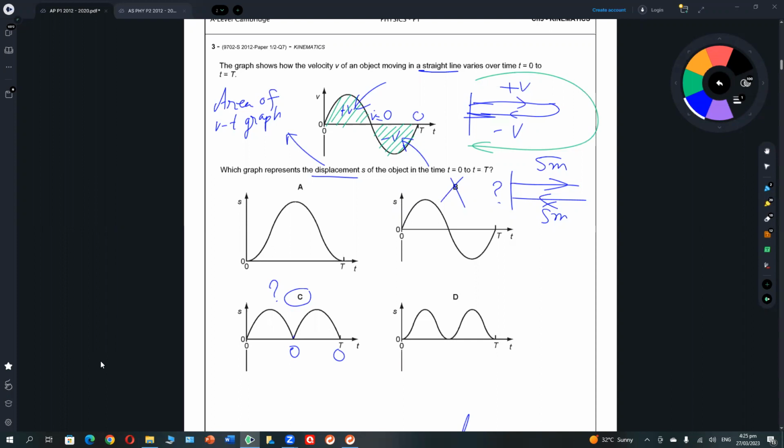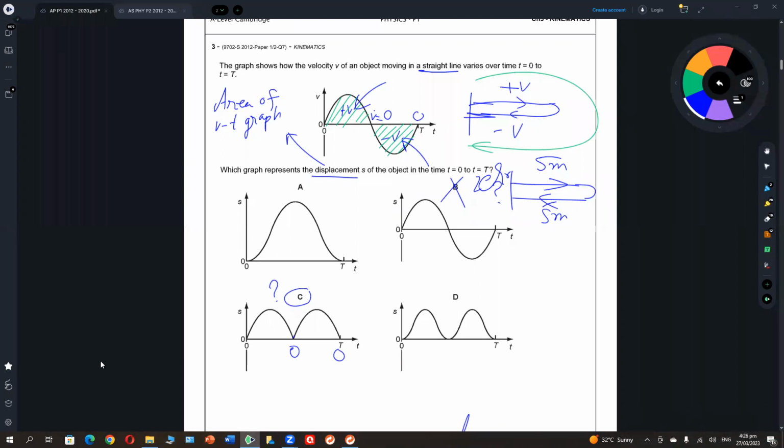It will be 0. Yes, you got the point. It will be 0 once. It will not be 0 anytime in the journey. If you reach the same point back, you will have a 0 displacement.